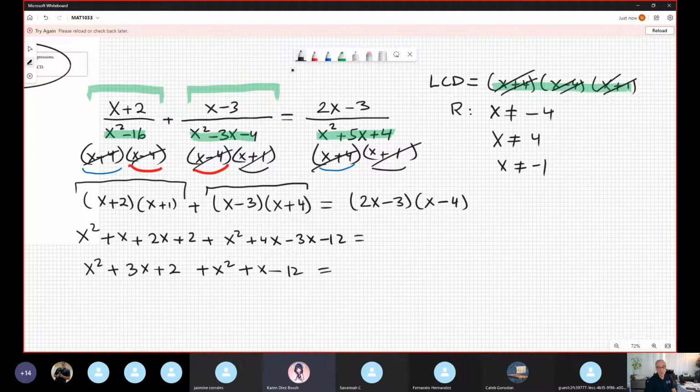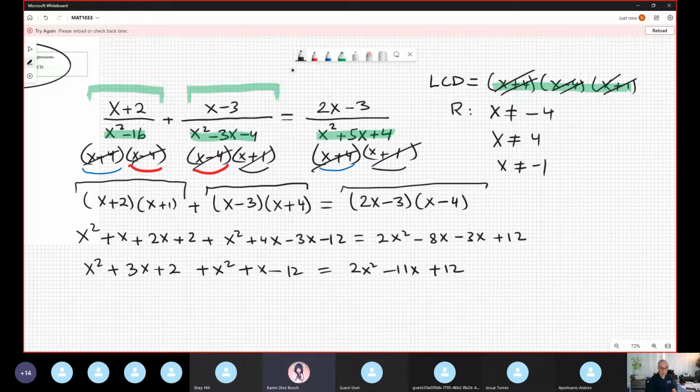Equal. And moving on to the right hand side. The right hand side is FOIL again, 2x squared minus 8x minus 3x plus 12, which is 2x squared minus 11x.